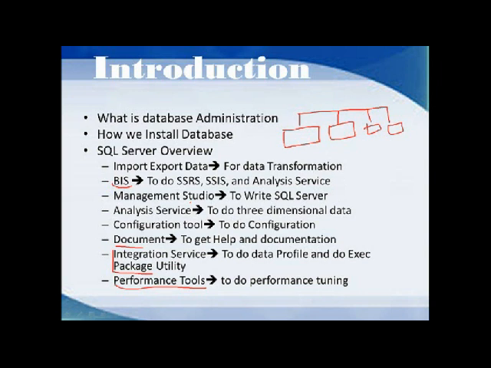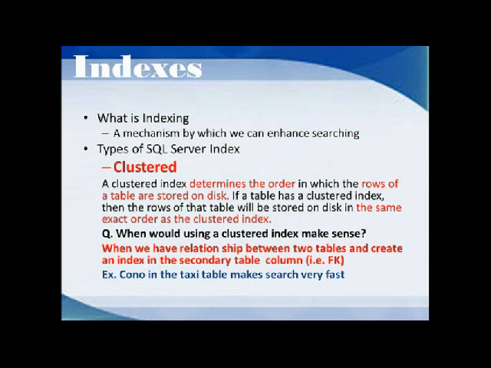The other one is performance tool. Unless we keep the performance up, our database may not be used appropriately. So as to increase efficiency and effectiveness of our database, we have to use a performance tool. These are the tools. Having seen this, we can directly go to index.